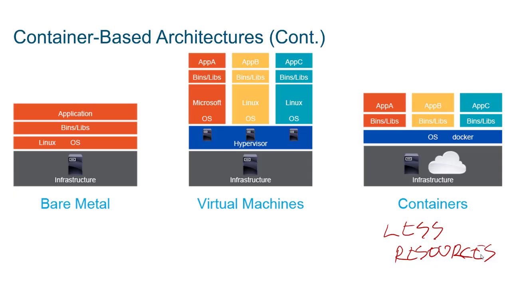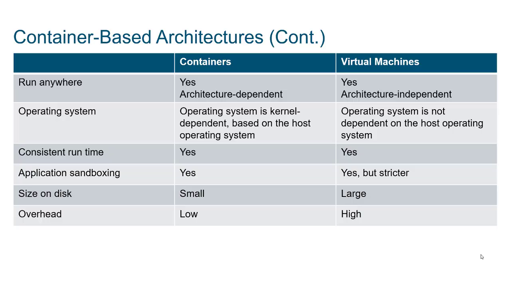You might have some less isolation between the containers than virtual machines, but generally these things, if deployed properly, if configured properly, they could be just as secure as virtual machines. But as I said, much faster to start, much faster to deploy, faster to replicate. So generally you get a lot of excellent benefits.